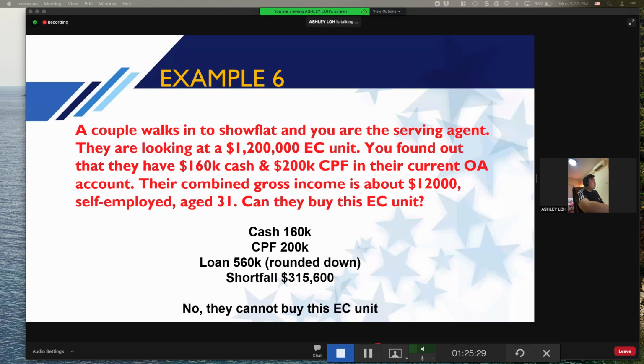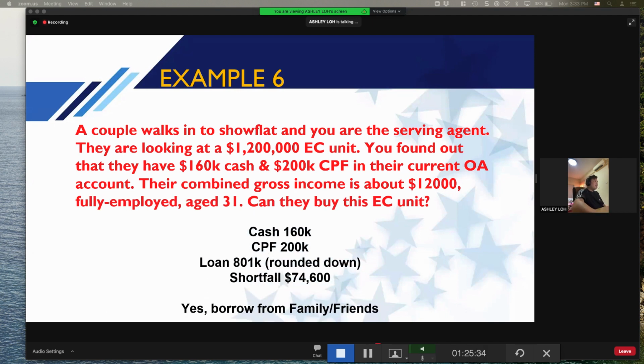This one is fully employed. You see this one previously, this is self-employed. Self-employed, fully employed. Okay, that's why you see the amount is different.